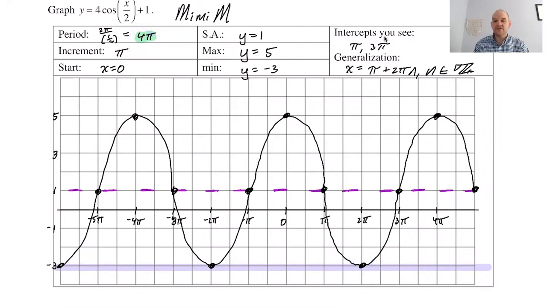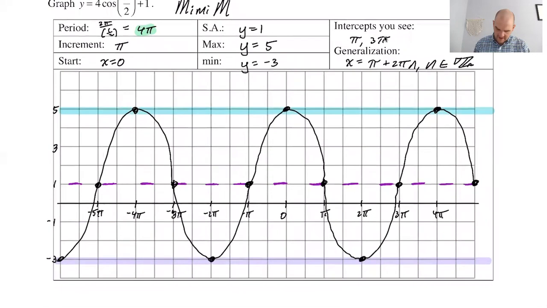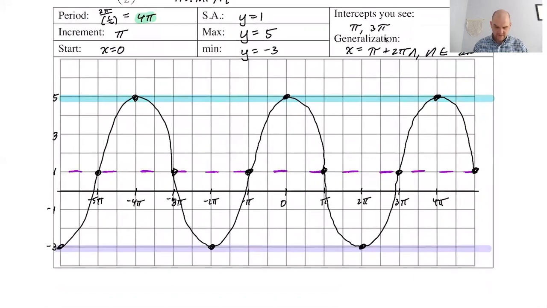So 2 pi plus 4 pi n, where n is an element of the integers. You could also pretty easily solve the equation f of x equals 5. And I would say that that's going to happen at 0 plus 2 pi n. Nope, sorry, plus 4 pi n. 0 plus the period times n, not half the period times n.